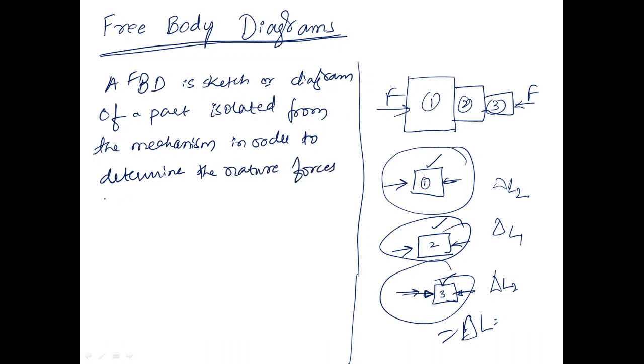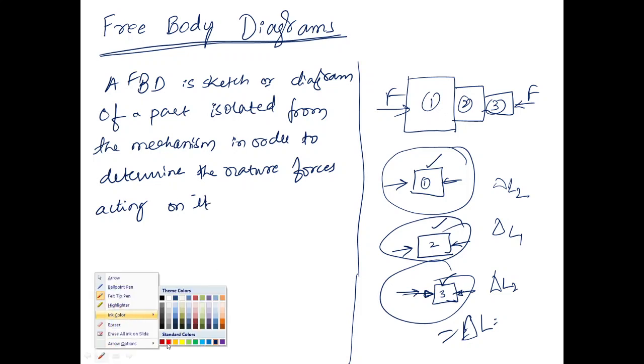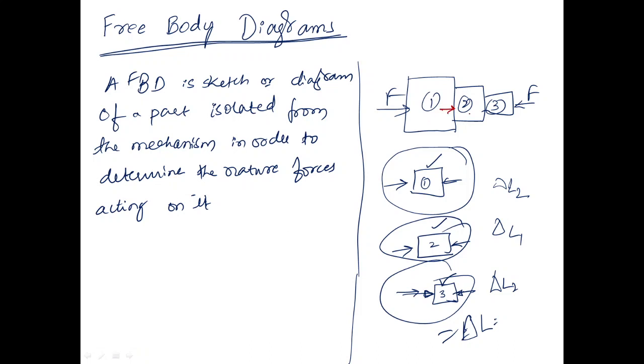I think you have done this. If it is subjected to different forces here and here, you have gone for summing up and final calculations of deformation or stresses in individual sections, right? So a free body diagram is a sketch or diagram of a part isolated.